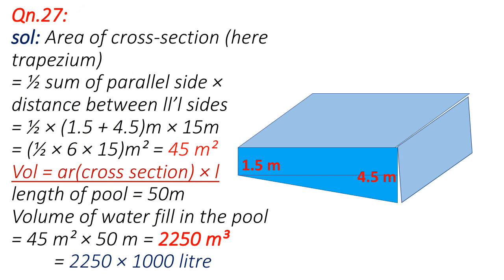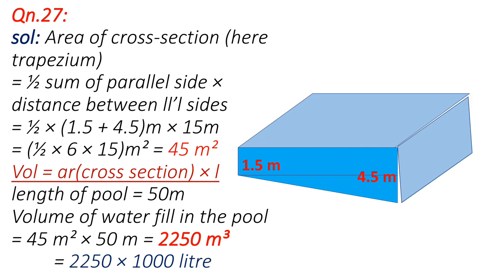Okay, so as it is given in the question, a swimming pool of length 50 meter and broad and wide, and the width is given 15 meter, correct. So that means this length is suppose 50, and you can consider this one as 15 and this one as 50, correct.